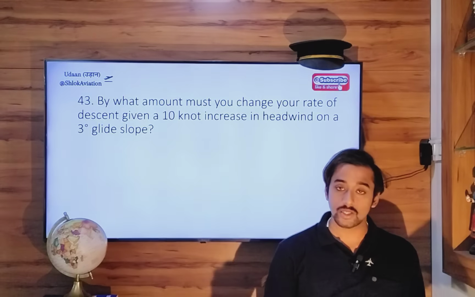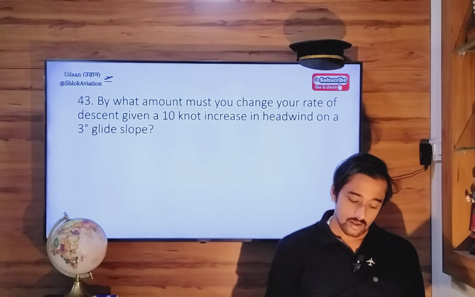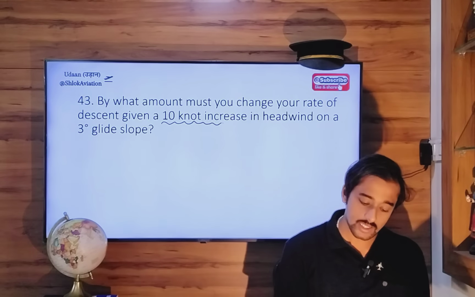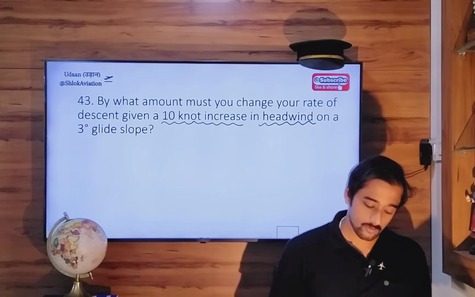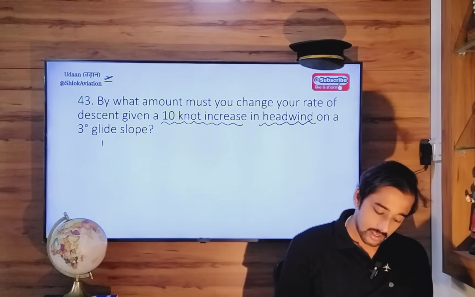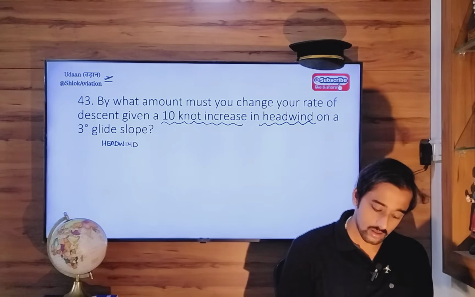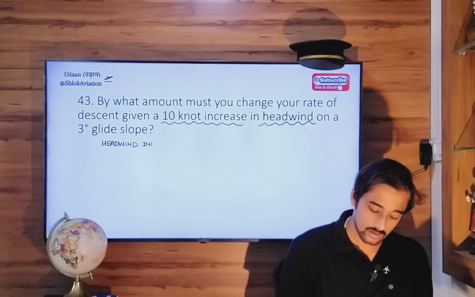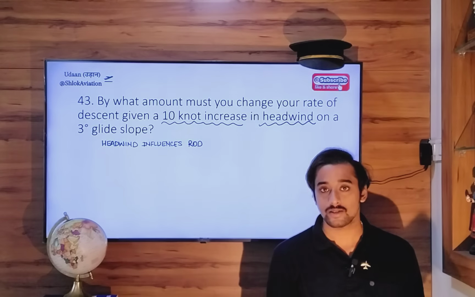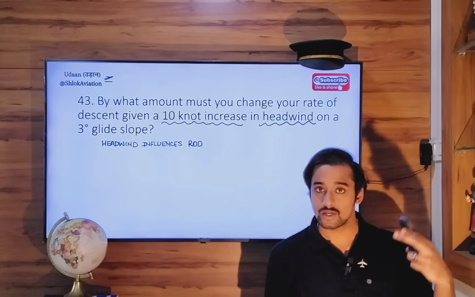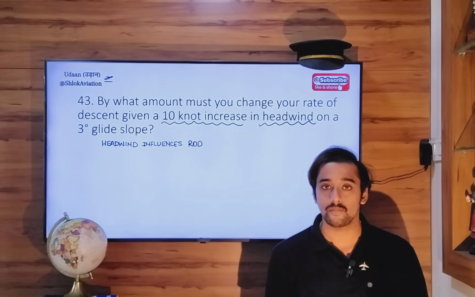By what amount must you change your rate of descent if there is a 10 knot increase in headwind on a 3 degree glide slope? Now during your descent, headwind influences your rate of descent. That is how fast or how quickly you descend, or you come down.